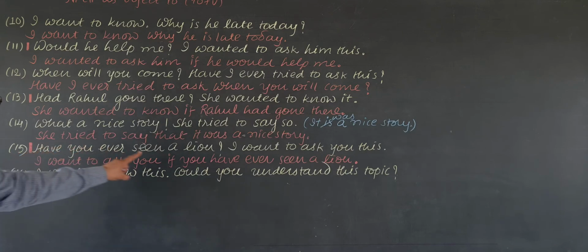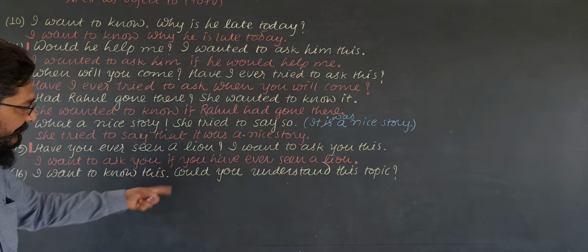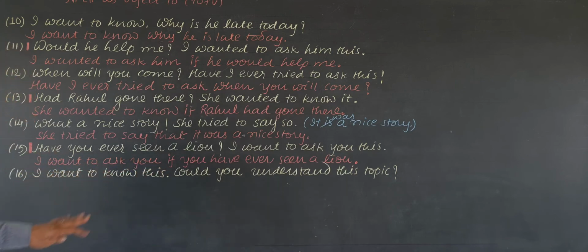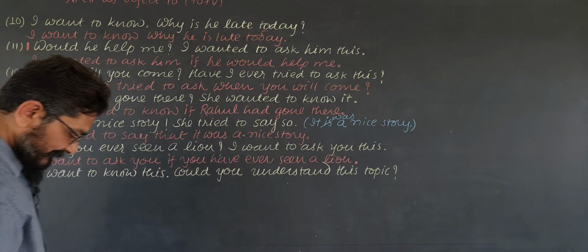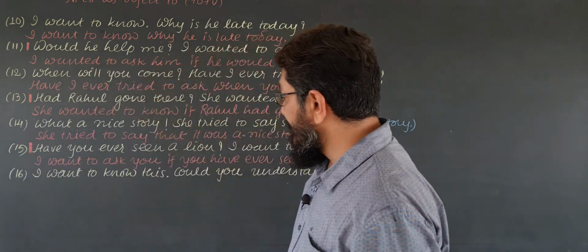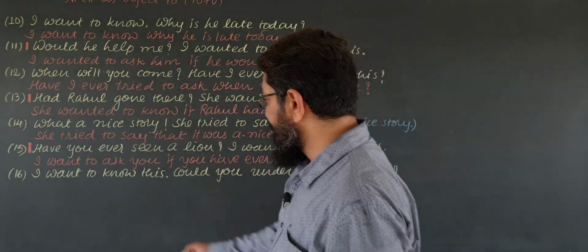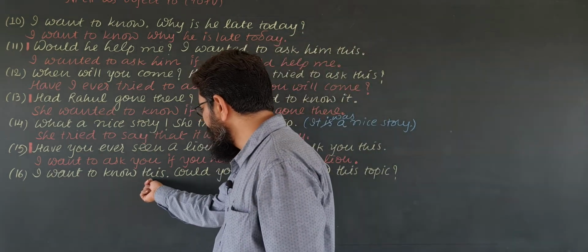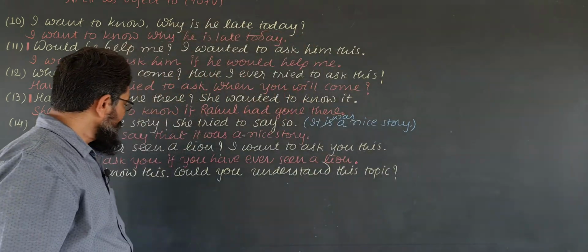Where? Why? When? If a WH word has been given, then we should have used it. I want to know this. Could you understand this topic now? This is really my question. I want to know this. What this? Could you understand this topic or not? So what will be my answer?